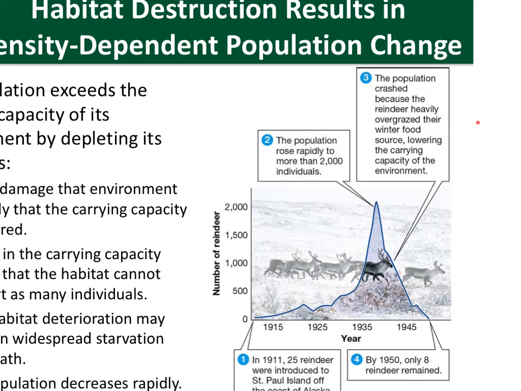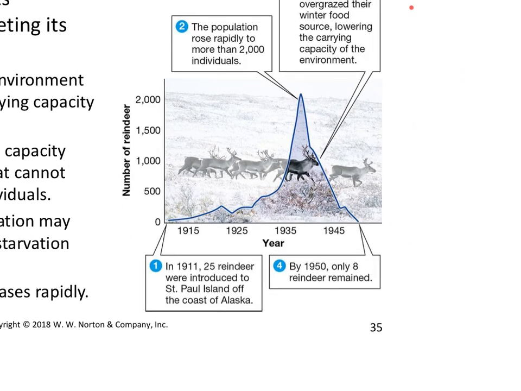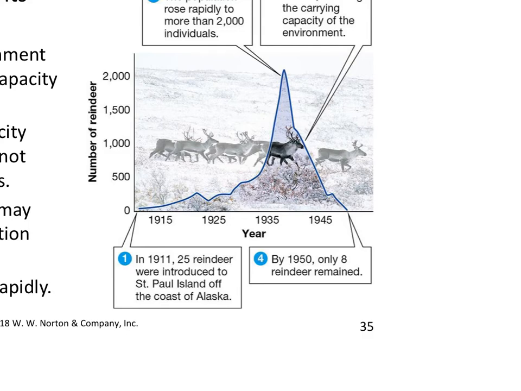So, in other words, the density went up so much that they were competing so fiercely, there was not enough food to allow them all to live. The population crashed. And it actually crashed so much because they basically ate themselves out of house and home.